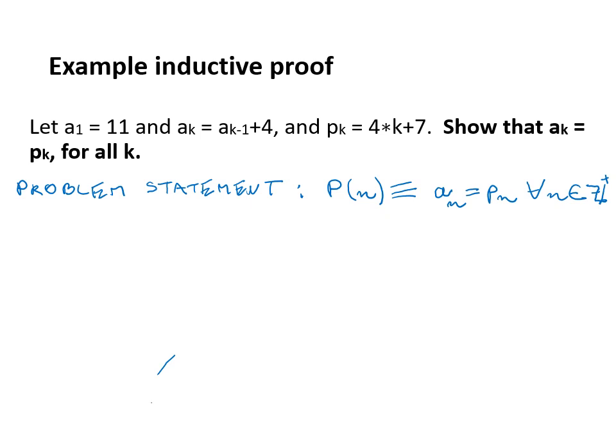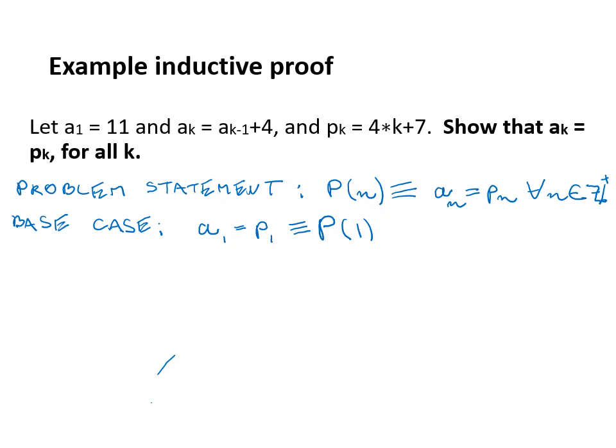The second step is to show that the base case holds. In this case, we want to show that A of 1 is equal to P of 1, which is our base case. Okay, so how do we show this?